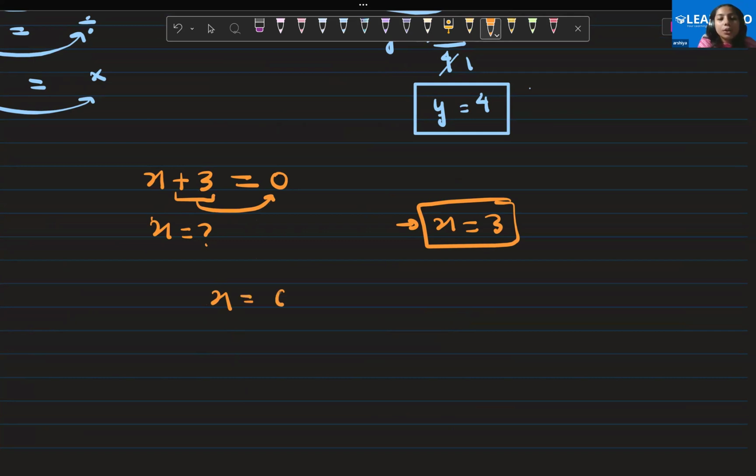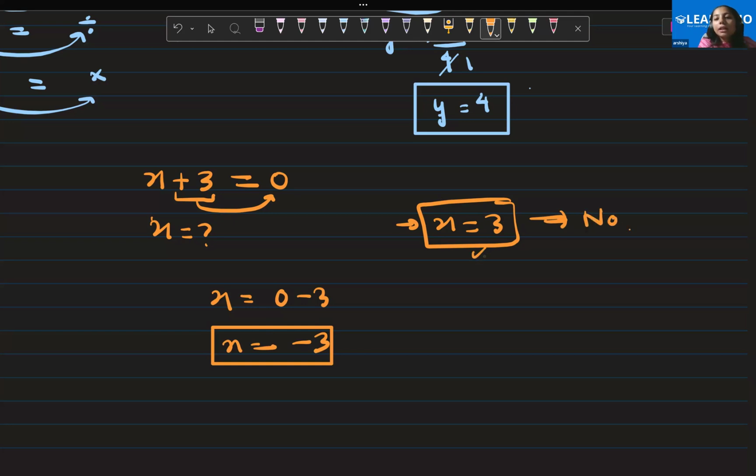So x will be equal to 0 minus 3, which is minus 3. So according to the question, this is incorrect because they have given that the value of x is 3. So no, it's not true because the value of x is negative 3. Is that clear, Zainab? Yes.